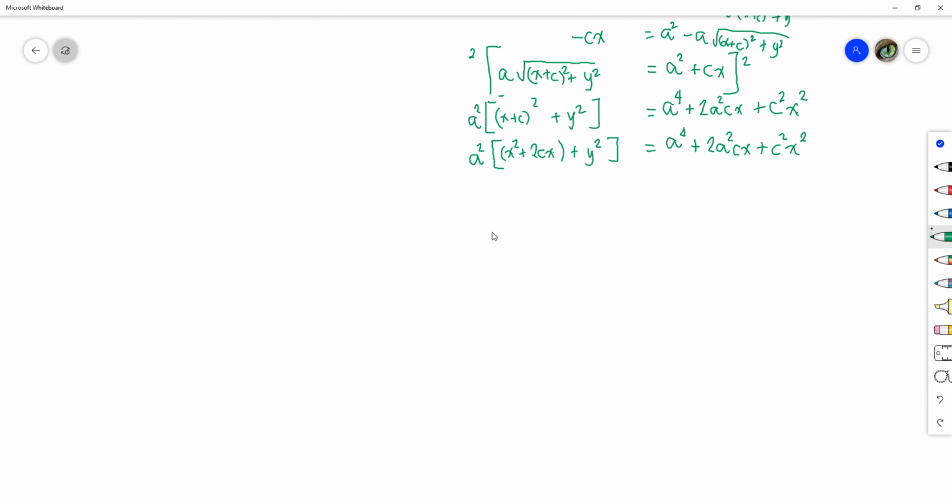Okay, now we are going to distribute a squared inside on these terms.